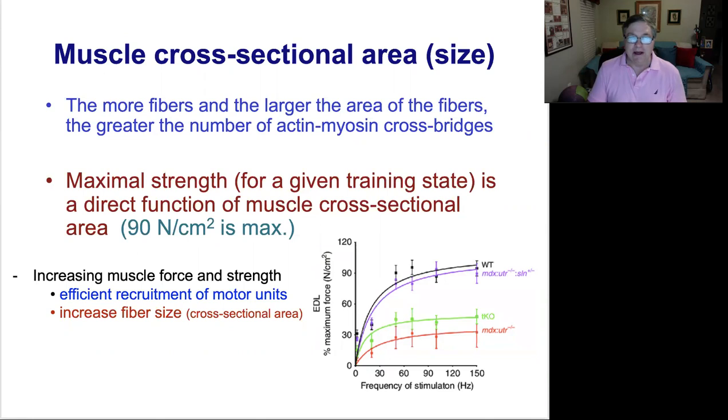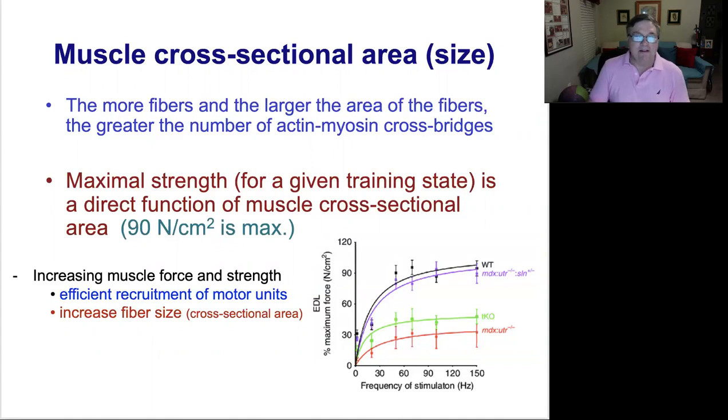So we're going to talk about muscle cross-sectional area size. We're going to talk about muscle length. Start to get into some of those mechanisms and how we can increase active force, and we're really trying to give it some force and power.